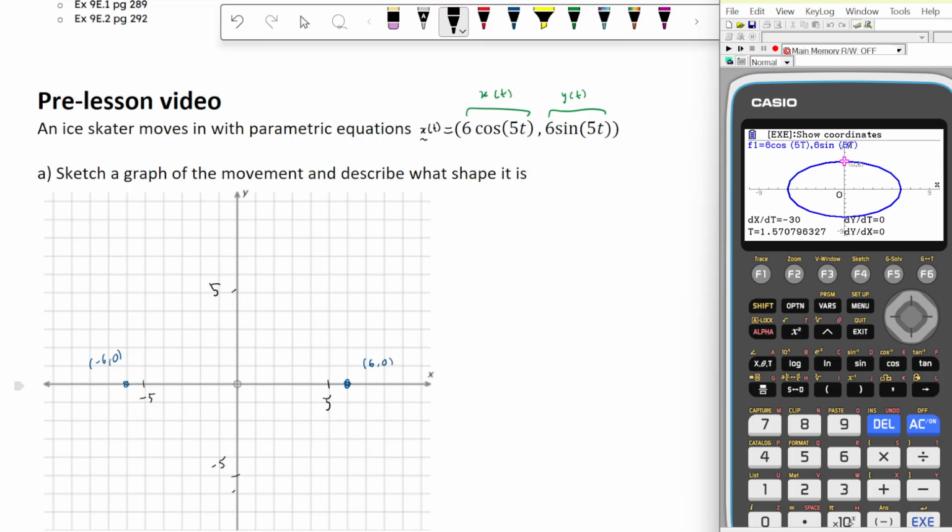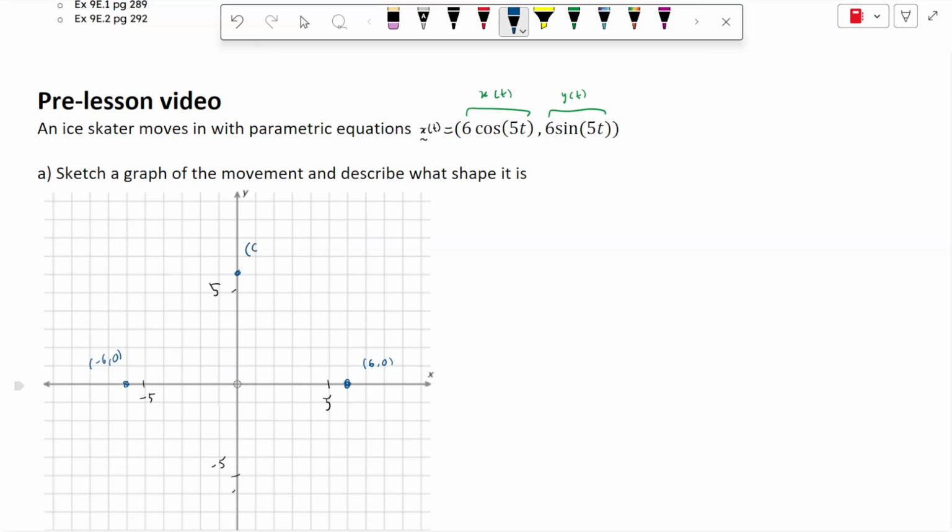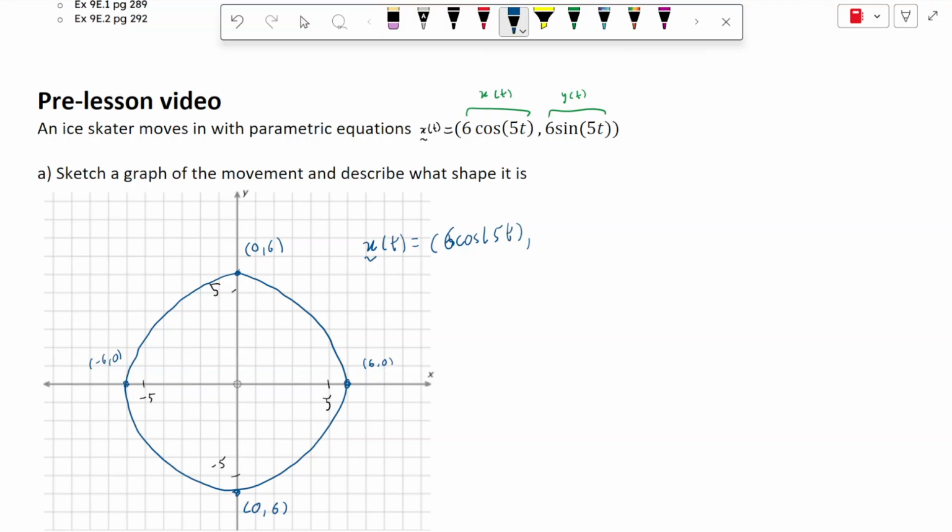So we're going to get this point up here, which is at 0 and 6. And by actually tracing out those coordinates, you can see that this shape is a circle. It just looks a little bit stretched out on the calculator. So we're just going to draw a circle around there. And that's 6 cos of 5t, 6 sine of 5t.